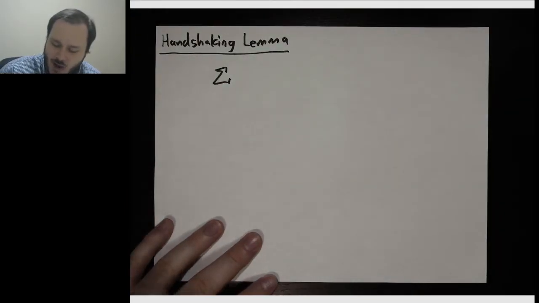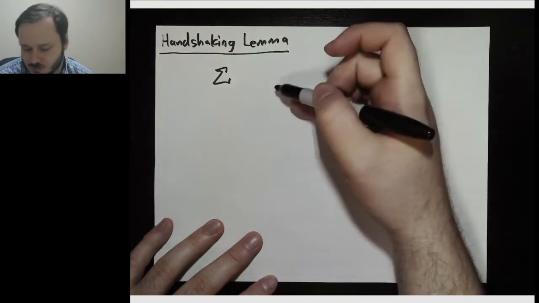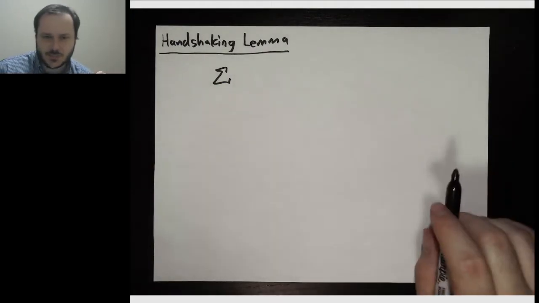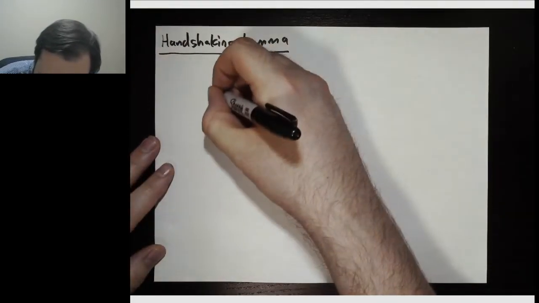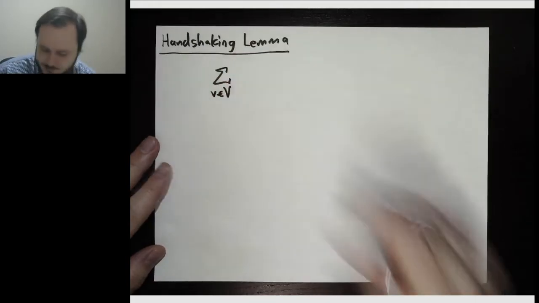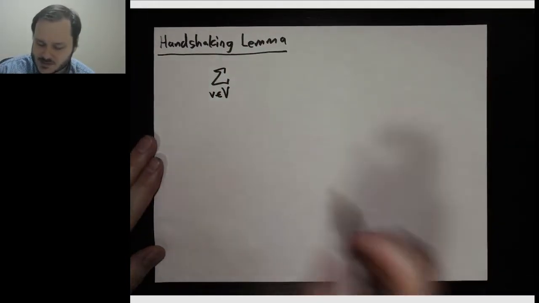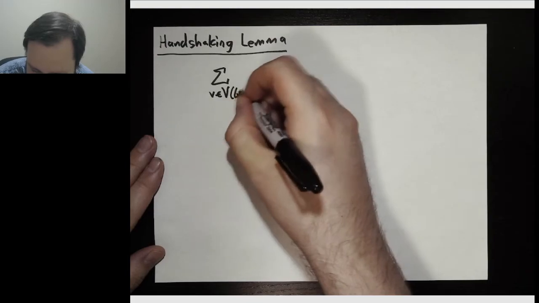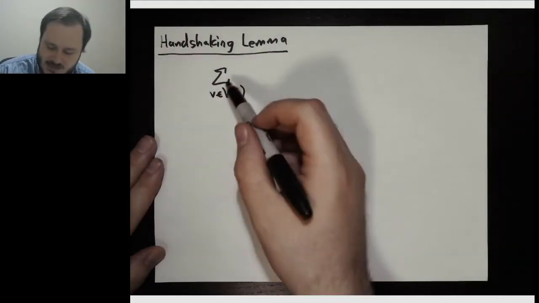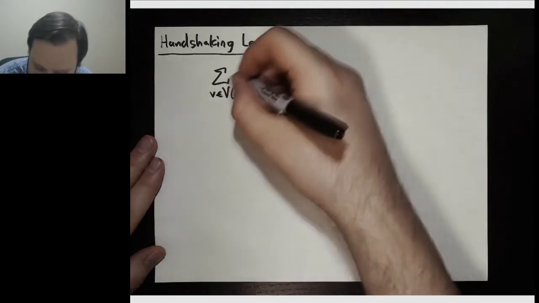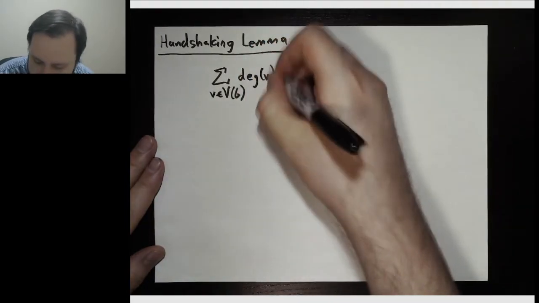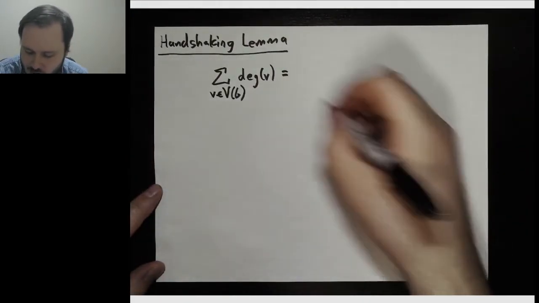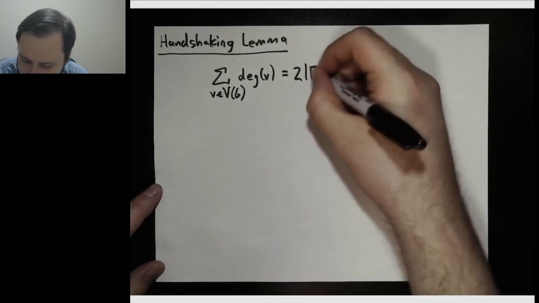And that would mean do i equals start, i equals start plus 1, i equals start plus 2. But there's no good way to list out my vertices. So instead, I'm going to write sigma, vertex v in V. So this means loop over every vertex in my set V, or maybe even V of G. And this just means add it up for everything that you find. So I'm going to add up the degree of v for every vertex I have. And I claim that that's going to be equal to twice the number of edges of G.